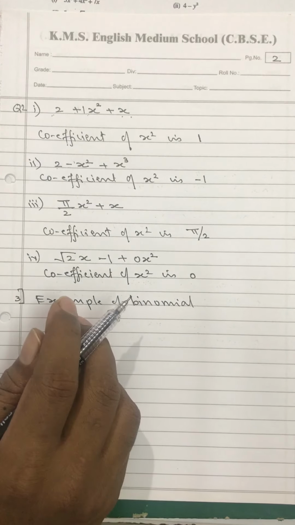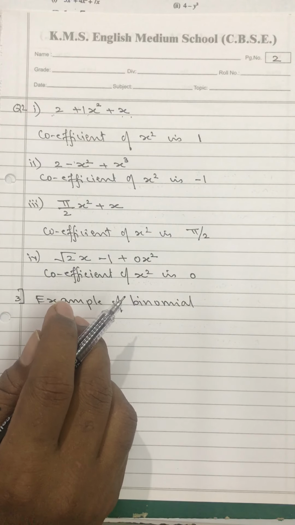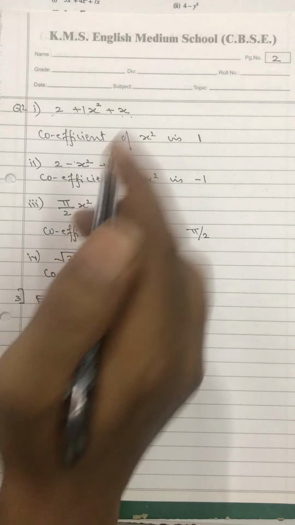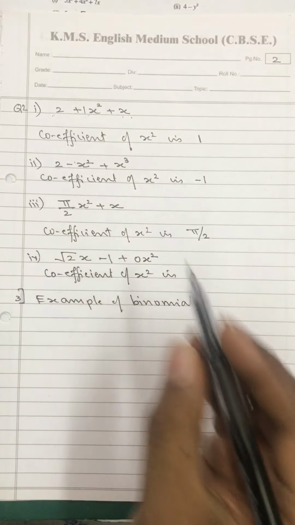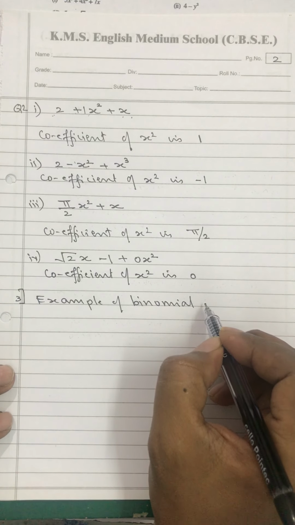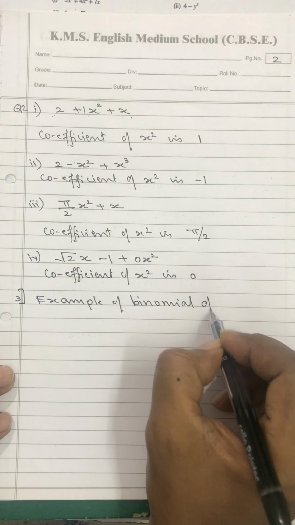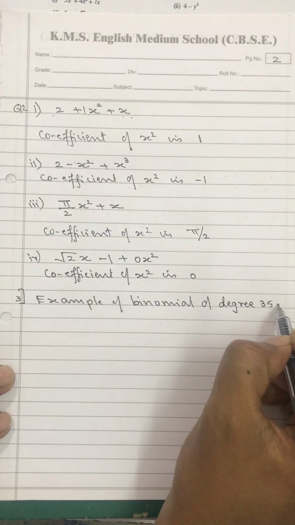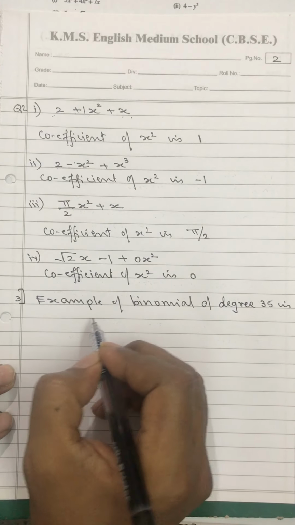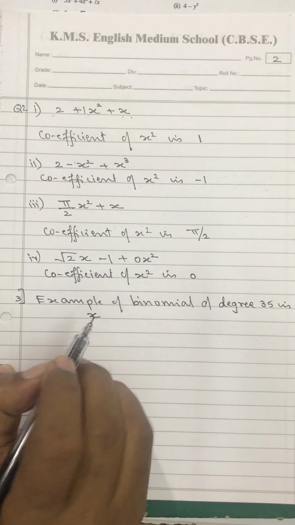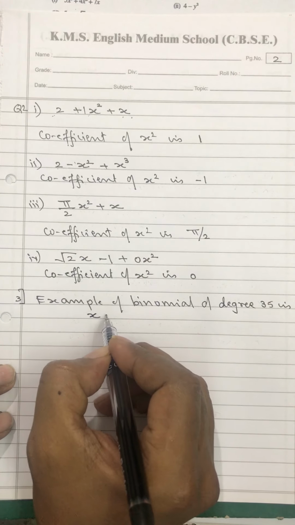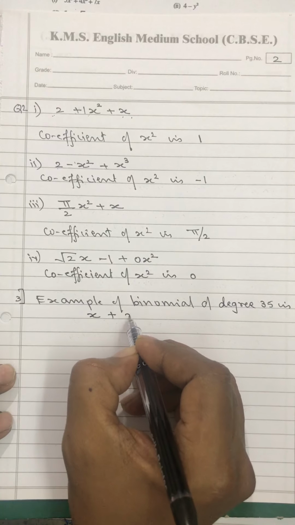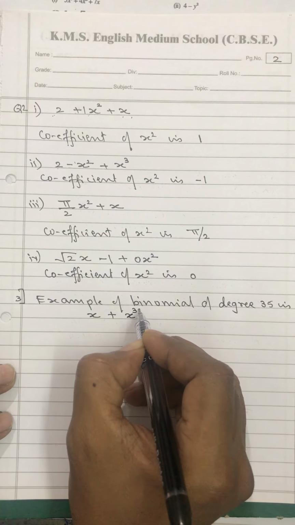So if we have to construct a binomial having degree 35, what I will have to do is, I can write x plus x raised to the power of 35.